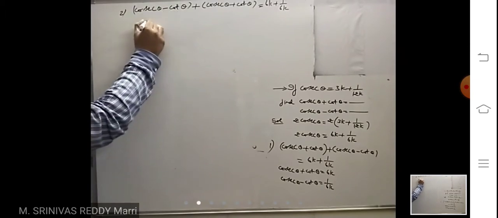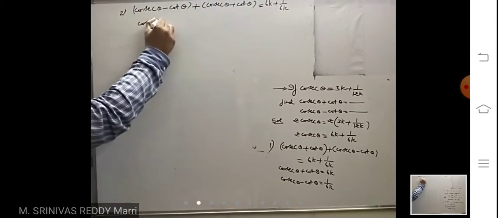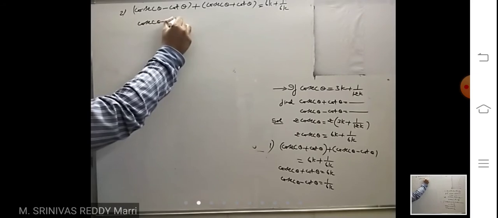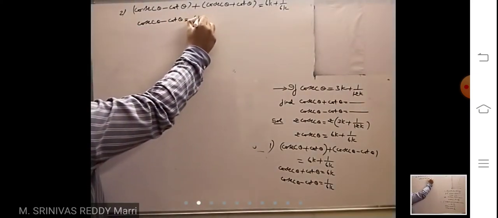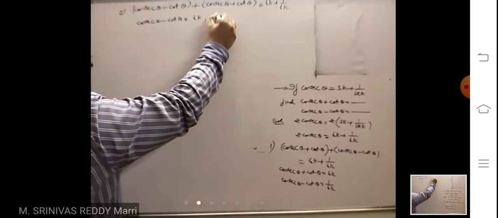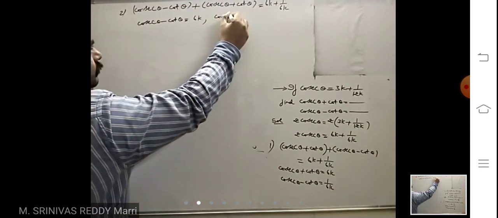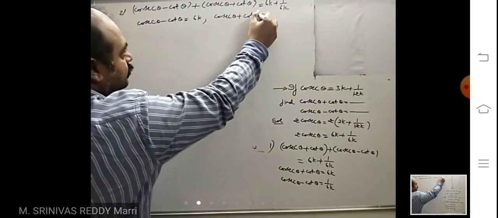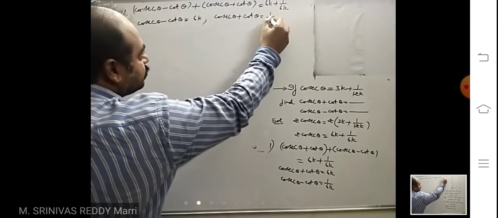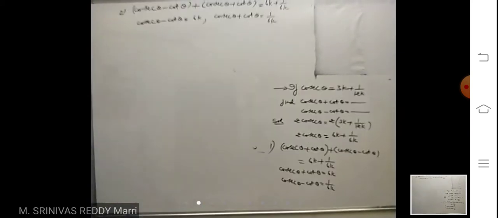Cosecant theta minus cot theta. Now cosecant theta minus cot theta value is what? 6k, comma, cosecant theta plus cot theta is what? 1 by 6k.